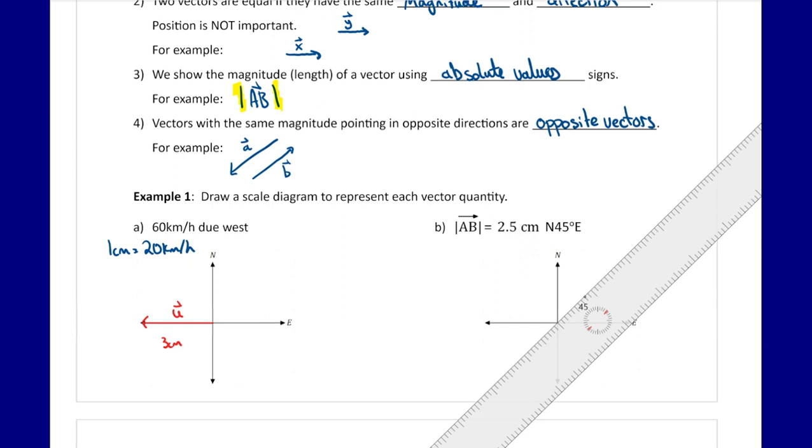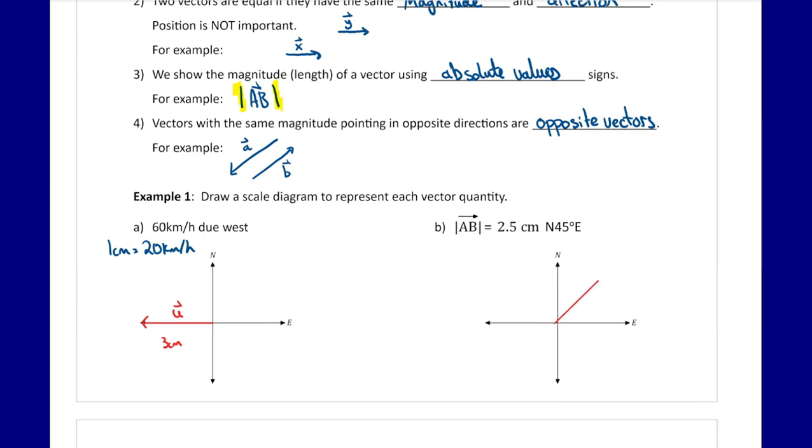Here I'm just given a length, so 2.5. So we have 1, 2.5. Again, I am approximating a little bit. And then we have the north 45 degrees east. So that would be our vector AB. So we'll say A and B. So that's our vector AB.